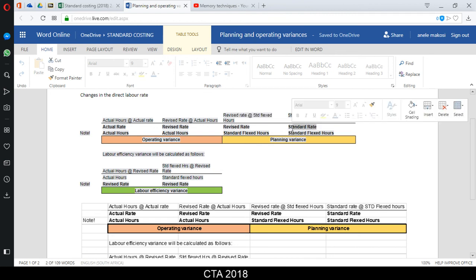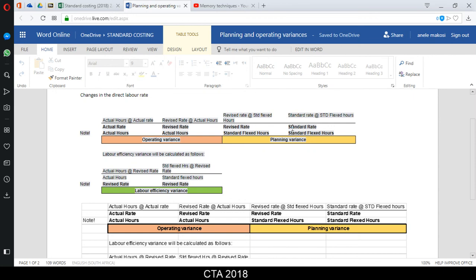That means whenever we are comparing the budget, be it the standard budget or the revised budget, whenever there's a difference between the two, it's planning. We're supposed to plan this way, but instead we have revised our plan to be something else. So whatever difference, it's planning.